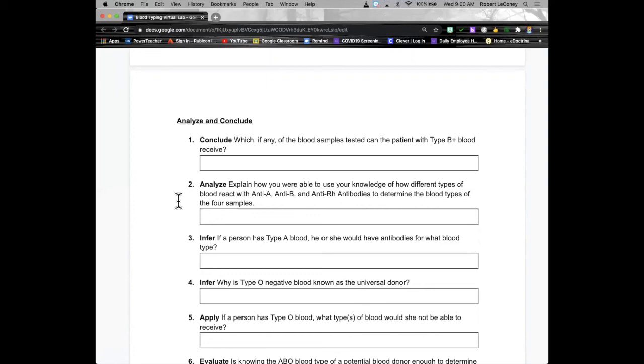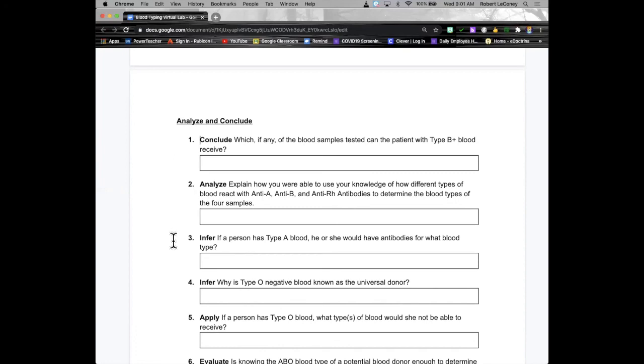Number 2, analyze. Explain how you are able to use your knowledge of how different types of blood react with anti-A, anti-B, and anti-RH antibodies to determine the blood types of the 4 samples. So, how did you know the blood types?